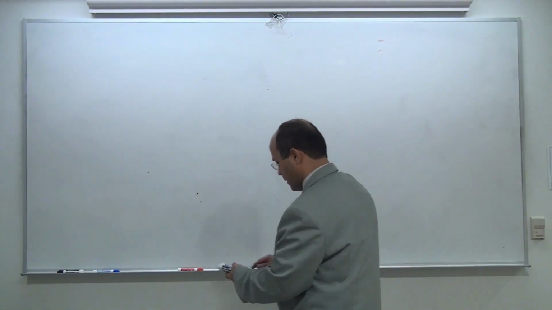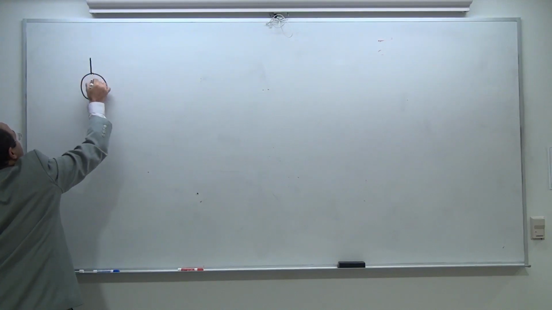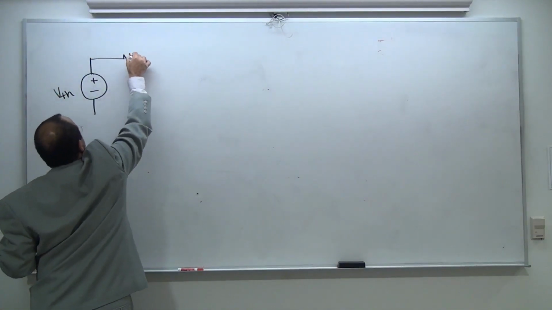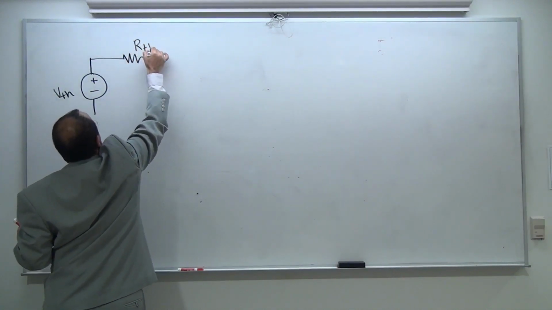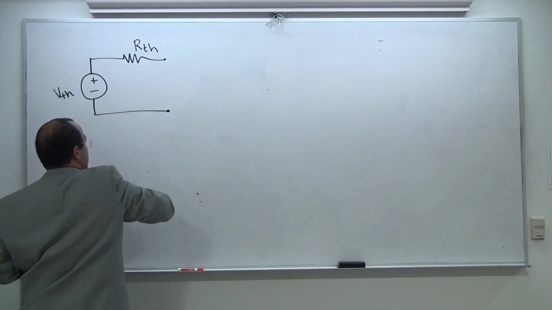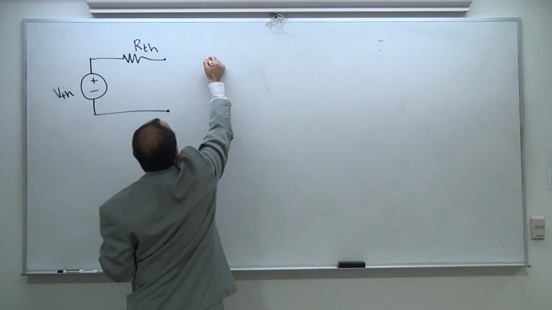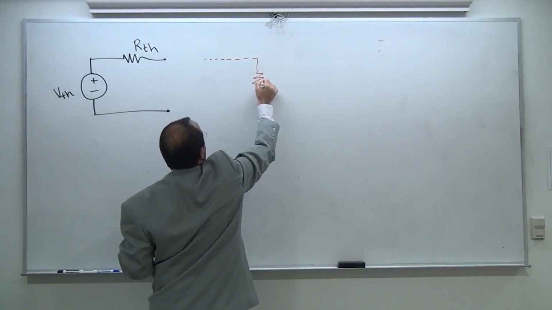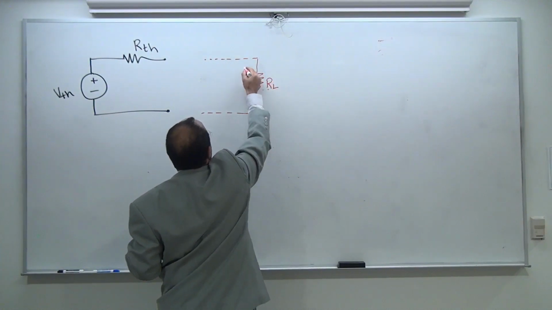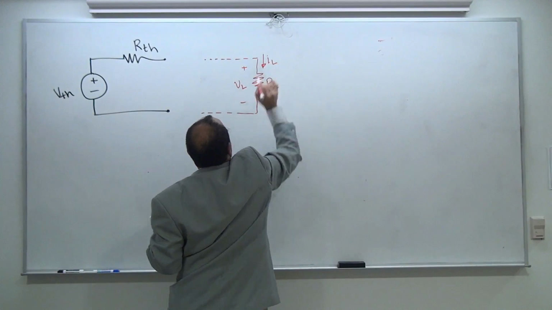Okay, let's go back to my Thevenin. I am assuming that through a number of processes, you have been able to replace the design with one resistor and a voltage source in series. And obviously, this is going to be my load. If the load is short, RL is 0. If the load is open, IL is 0.